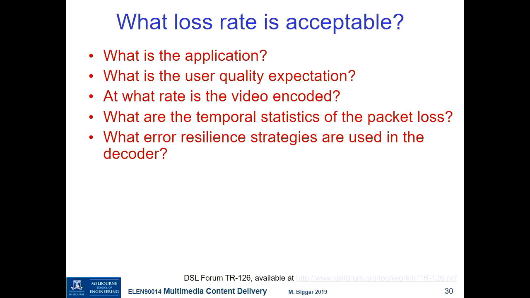It depends on the temporal statistics of the error or the loss. Do they all occur in bunches or do they occur completely randomly? And also what resilience strategies are used in the decoder to try to hide it. We'll talk about these probably not tonight, but next time we're together, not next week.